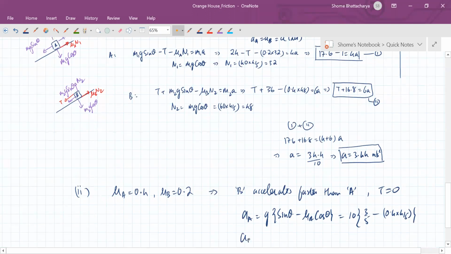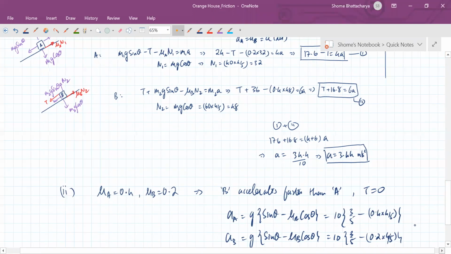And acceleration of B will be g sine theta minus mu B cos theta. So this should be fairly easy, because it's direct formula based now.